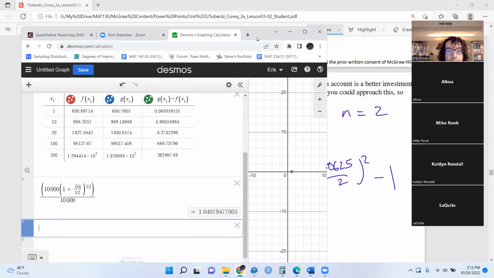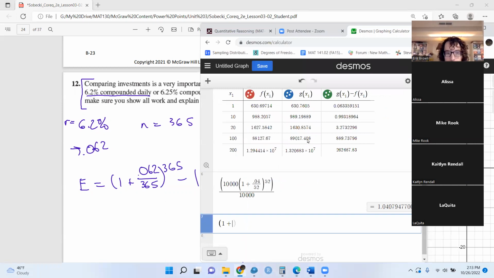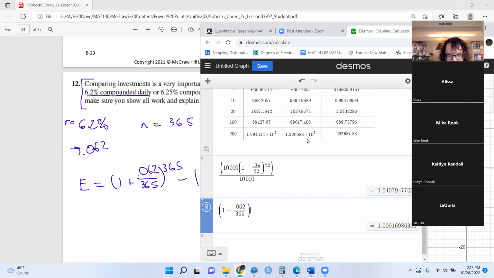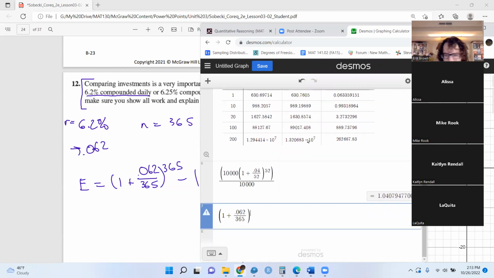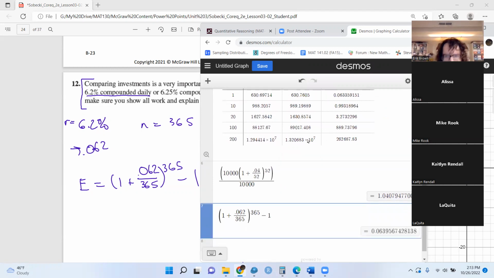From there, it's a matter of, can you type? These are a little tricky to type in, especially with the exponents. And I'm kind of assuming you all are okay with typing in exponents.